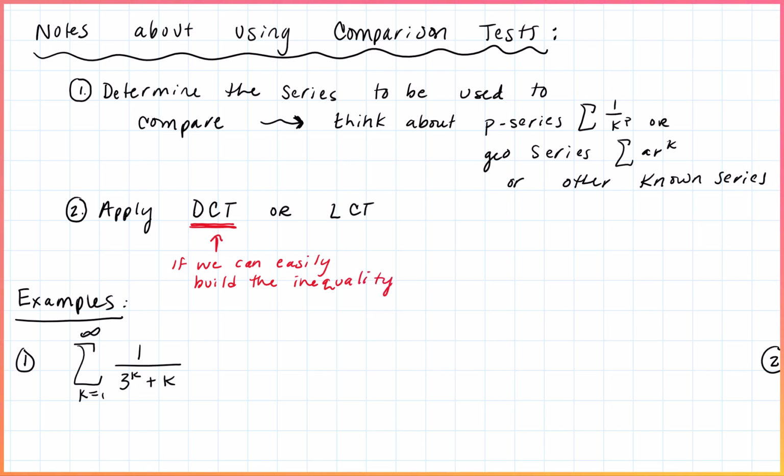Remember, in direct comparison tests, we need a sub k less than or equal to b sub k for all k greater than or equal to n. We have to be able to create an inequality where all the terms a sub k are less than b sub k, and then compare.